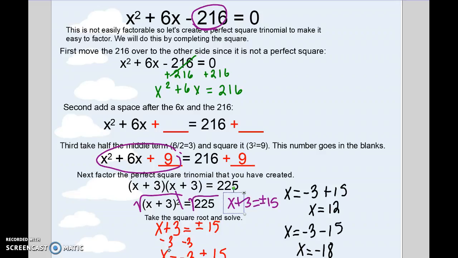And I'm going to solve this by splitting it up into 2 equations. So one of them is going to be negative 3 plus 15, and the other one's going to be negative 3 minus 15. And that'll give me my 2 answers to that quadratic. Since these are whole numbers, I know it would have factored, and these would have been my numbers in the parentheses. But sometimes you're not going to get actual numbers, you're going to get roots.